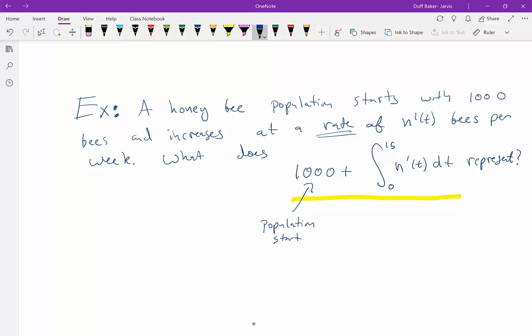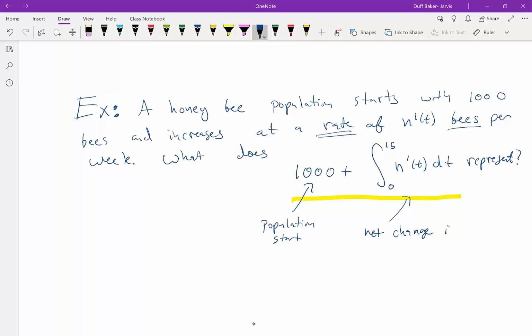So what the population started as. And then what does the integral part represent? Well, if we're integrating a rate, that represents the net change, right? This is the net change in n, which would be the number of bees.